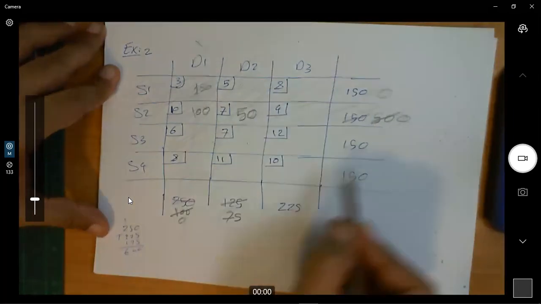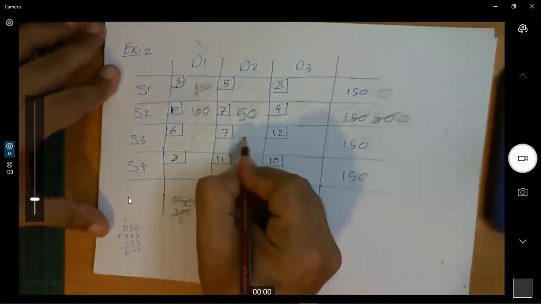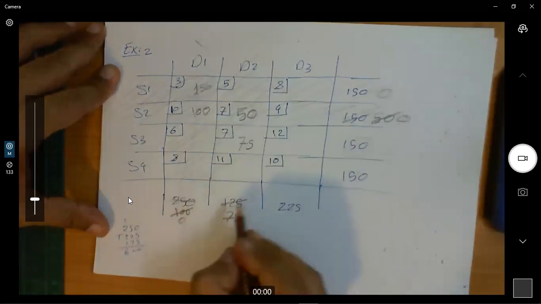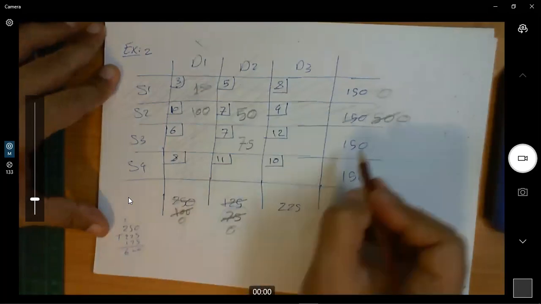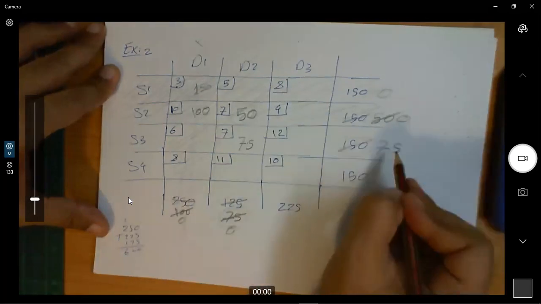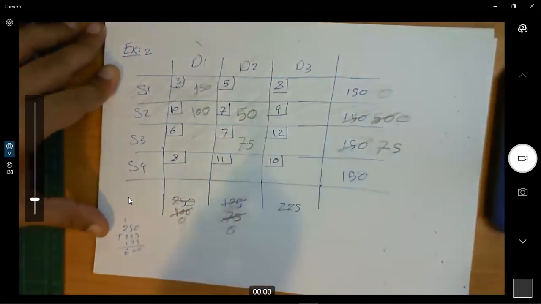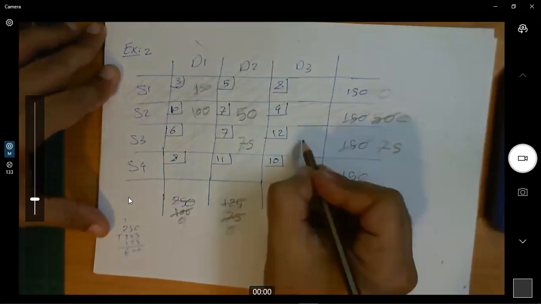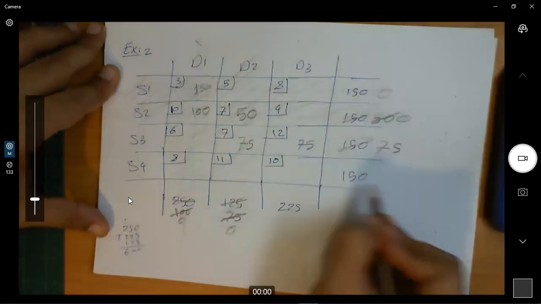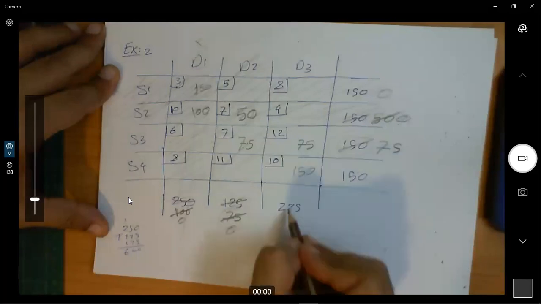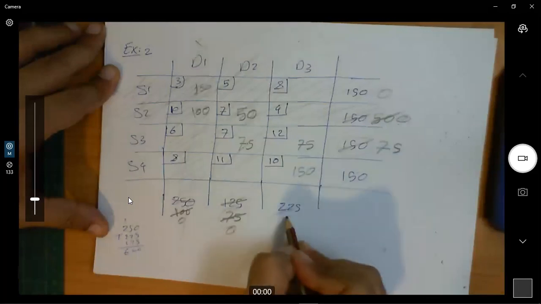The supply is 150. We put the demand 75. So this becomes 0. This becomes 75. This gets out of the loop. Then we simply assign here 75 and 150, which is the 225.